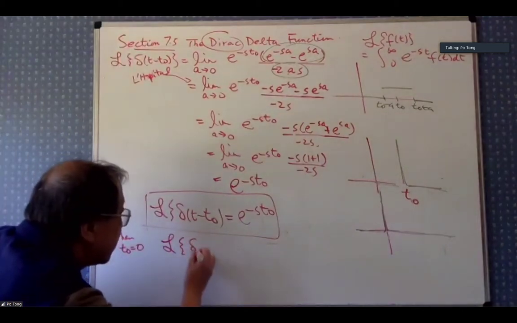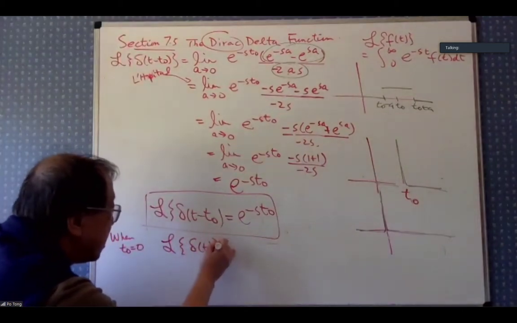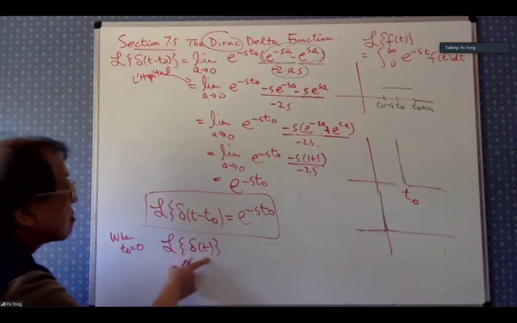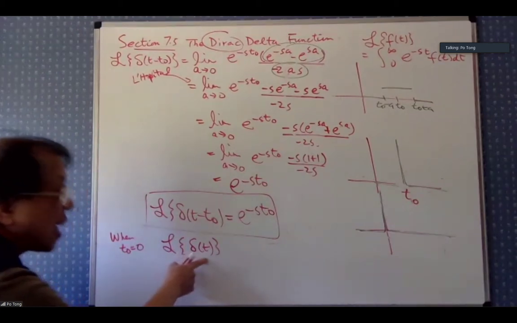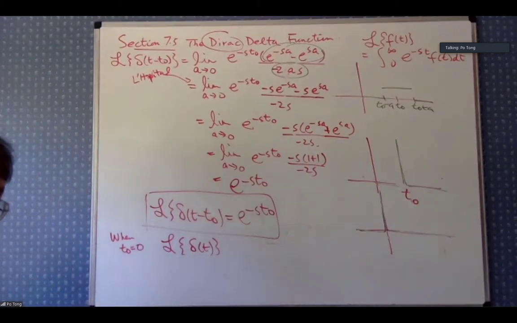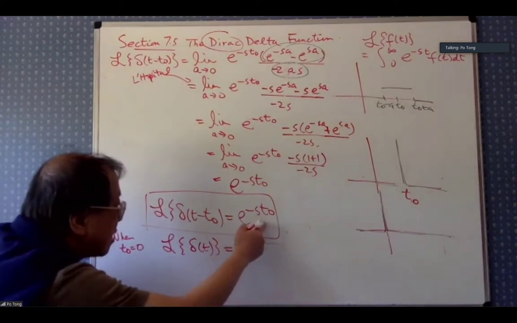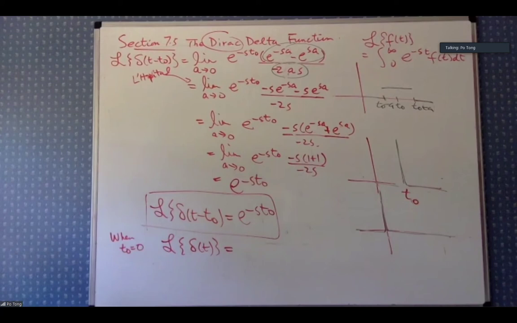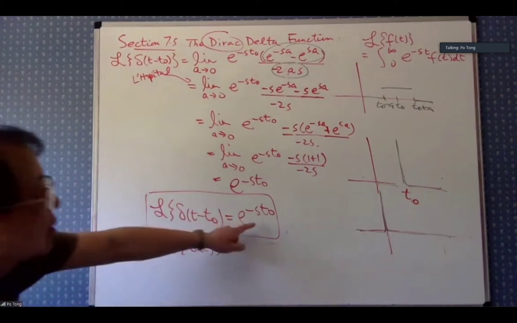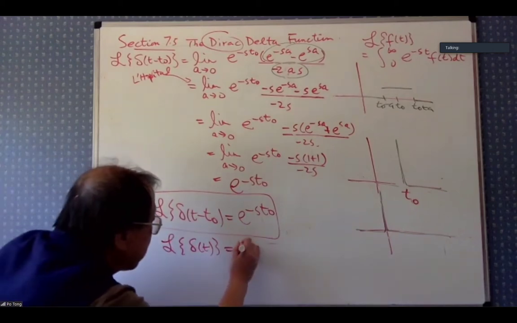So this is the Dirac delta function with the spike at time 0. That means at time 0, you hit it with the impulse. So what will be the right hand side? When t0 equals 0, this will be 1.